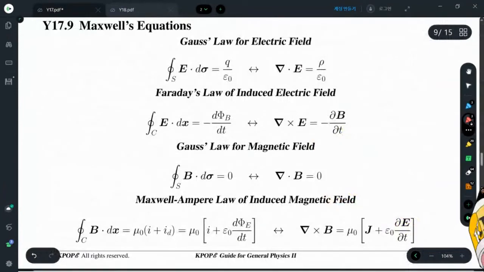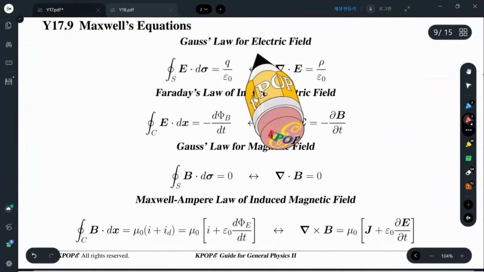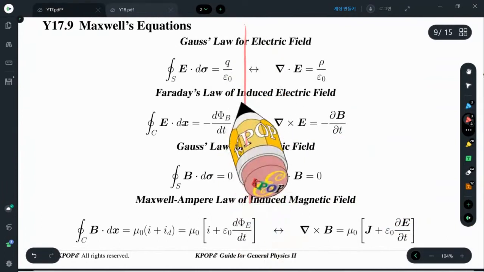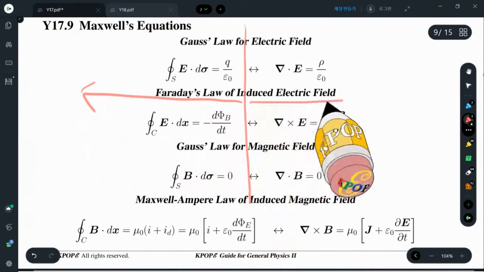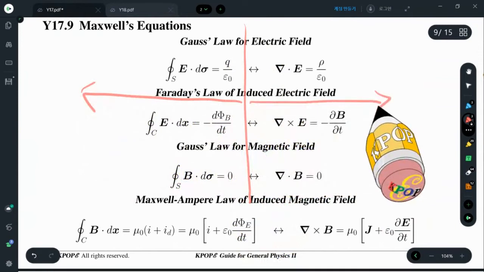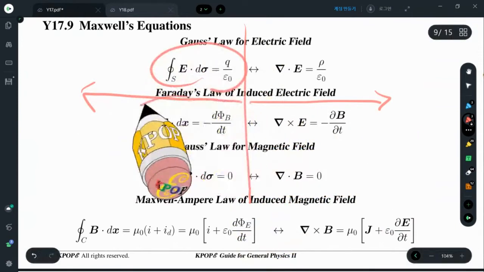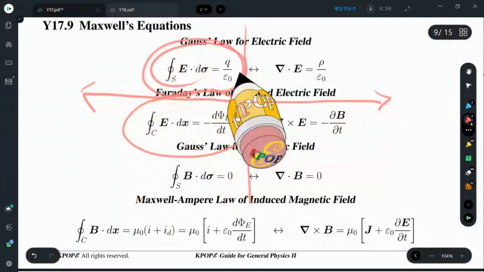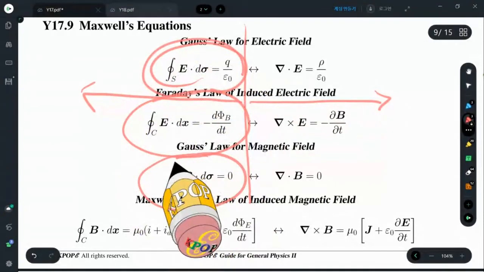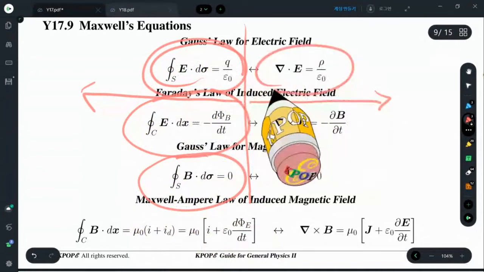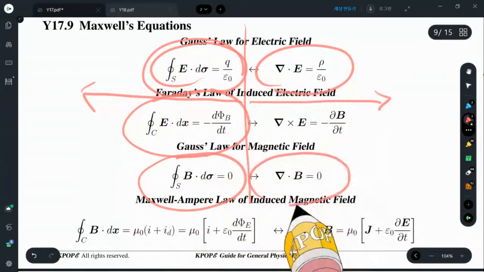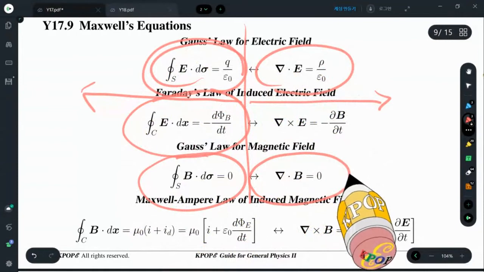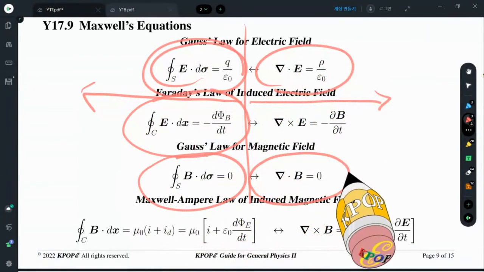So in summary, we learned four Maxwell's equations. Integral form is on the left and differential form is on the right. These two are Gauss law. Using the divergence theorem, we can construct the corresponding differential form of the Gauss law.